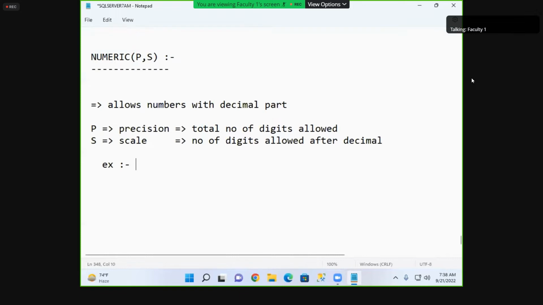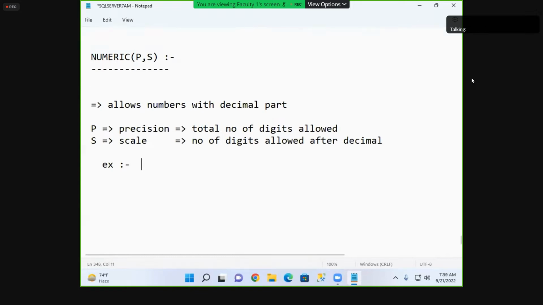Let's take one example. Account number is integer or float? Integer. Balance is float. Employee ID, integer.